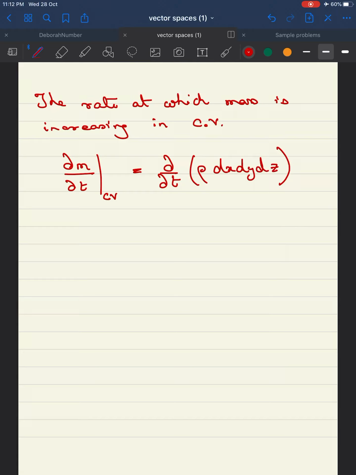This term inside is the total mass inside a differential control volume, right? And rho again is the density at the center of the control volume, right?